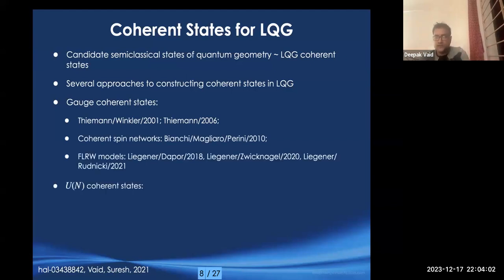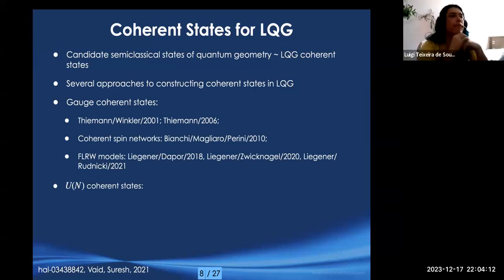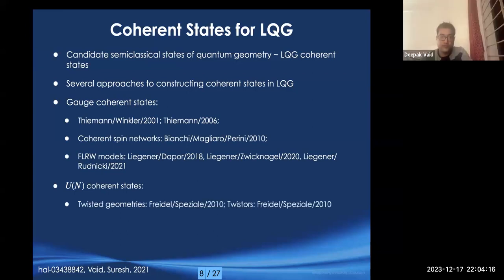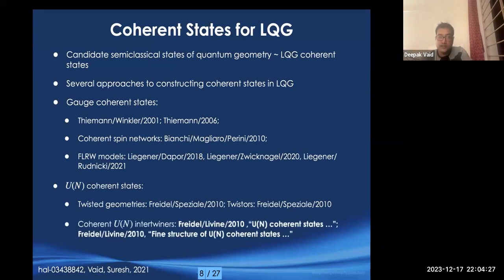There are many versions of coherent states that people have explored, but there is one particular version which goes by the name of U(N) coherent states. U(N) is the N by N unitary group. These coherent states were first studied by Freidel and Speziale, and Freidel and Livine.